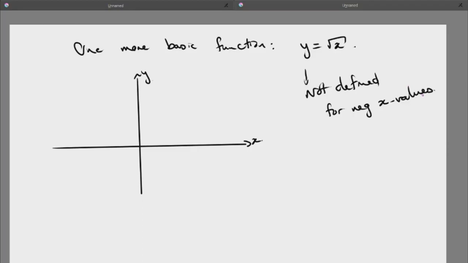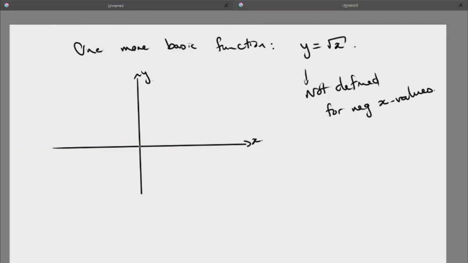I can't find a real number answer when I plug in a negative number in my square root. Whereas all the polynomials, they will give me an answer for any input I choose. They're very nice in that sense.